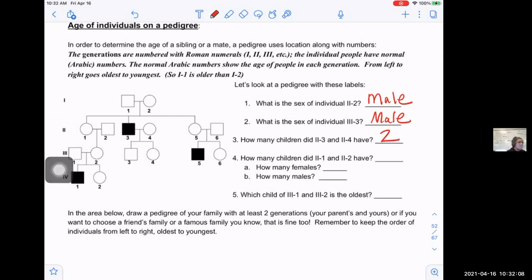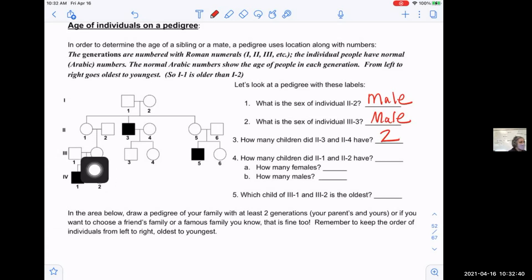All right. How many children did 2-1 and 2-2 have? Is it 1? Nice. Awesome, Aiden. All right. So sometimes people think that the answer to this question is 2 because there's 2 people here, but because there's only 1 child connected to the descent line, 3-2 is an only child.